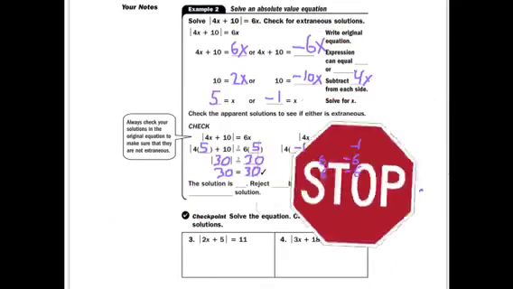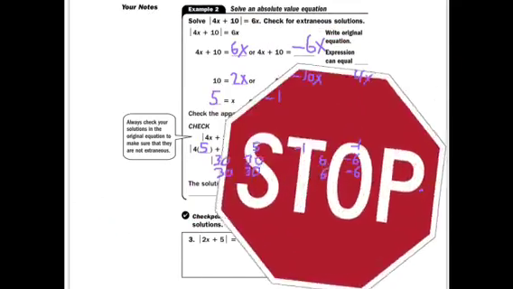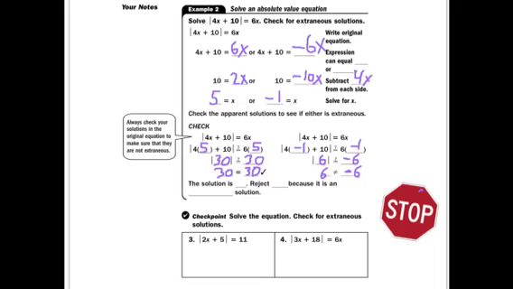You've got something like that, you say, you know what, that doesn't make sense. That's not true. So, the solution is only 5. -1, I'm going to reject because it is extraneous. That's that word we learned about in the beginning. So you have to be prepared to reject answers and find extraneous solutions.